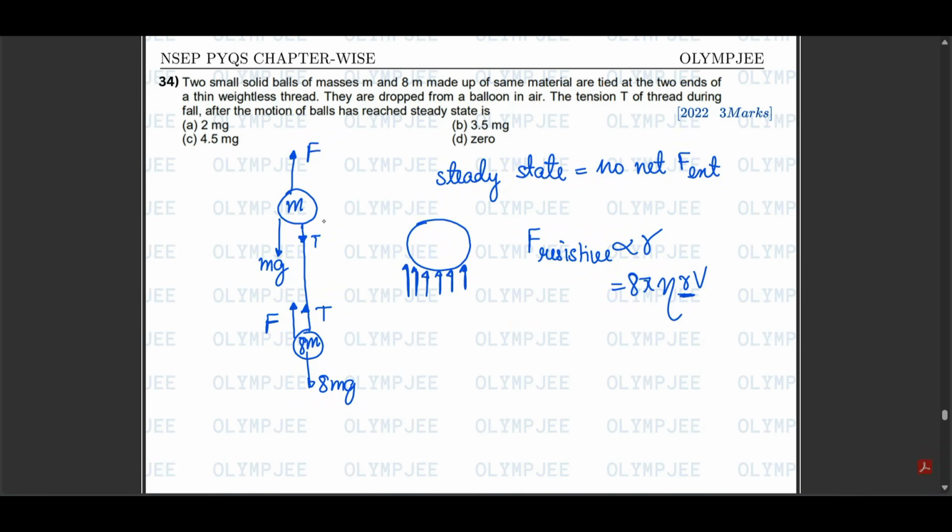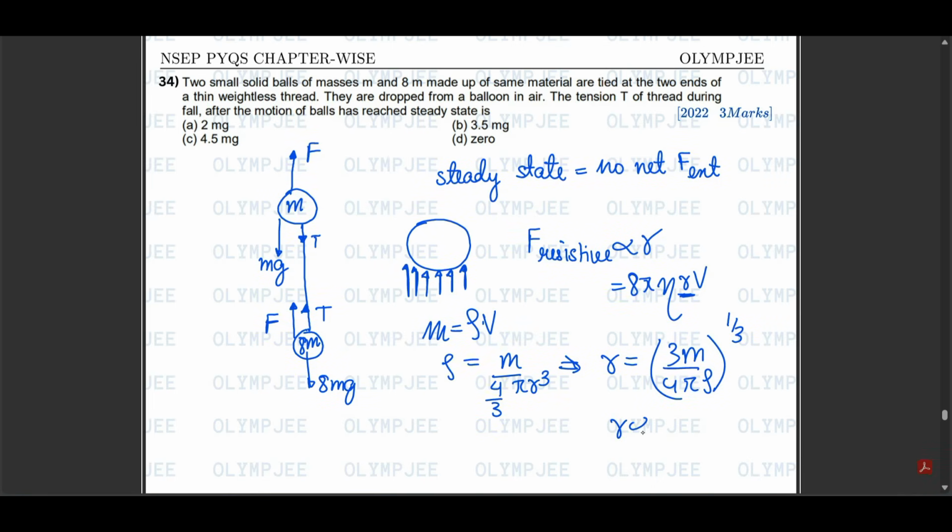Okay, so we need to calculate the radius of both these balls. And we know that since they are made of the same material, their density will be same. So M is equal to rho into volume. So rho can be given as M by this thing. So since the mass of this is 8 times, from first we'll get that R is proportional to M raised to power 1 by 3.